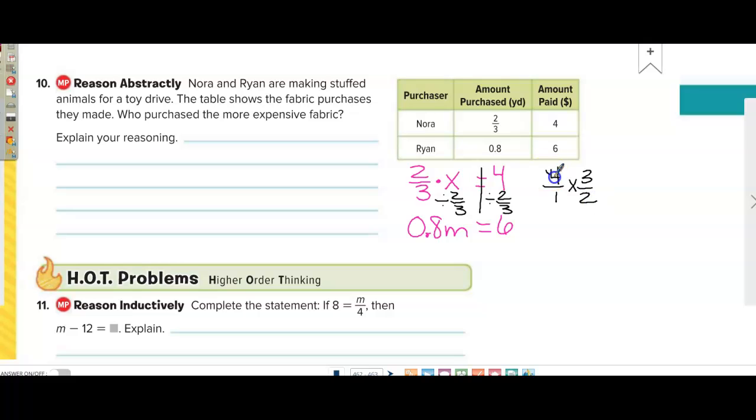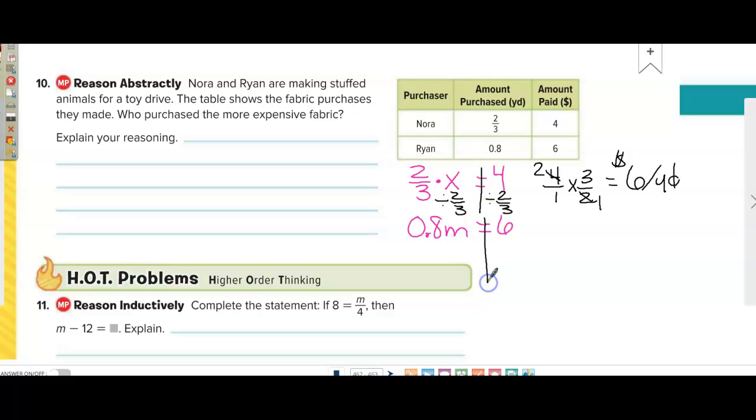I could cross reduce, and I would get 6. So Nora's fabric per yard is $6 per yard. But she didn't get a whole yard, that's why she only paid $4.